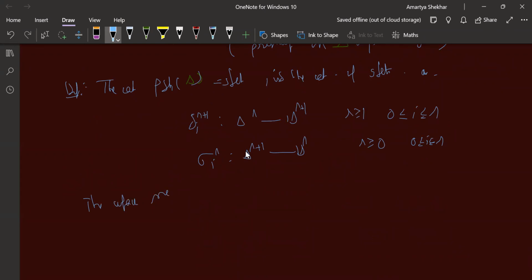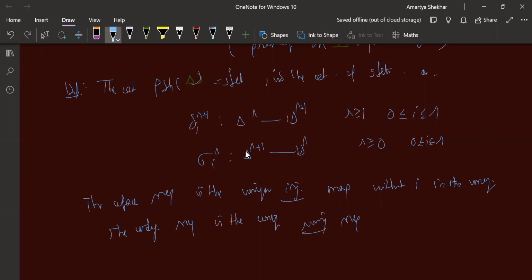The coface map is the unique injective map without i in its image, and the codegeneracy map is the unique surjective map that takes the value of i twice.